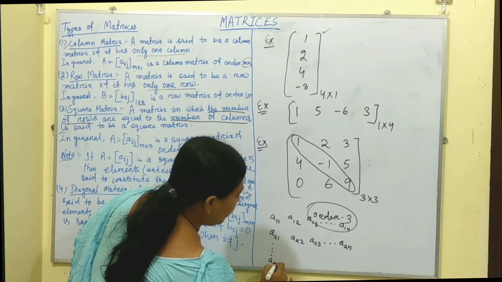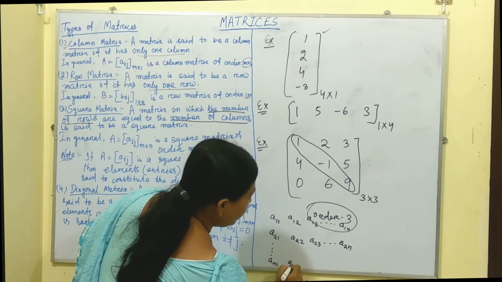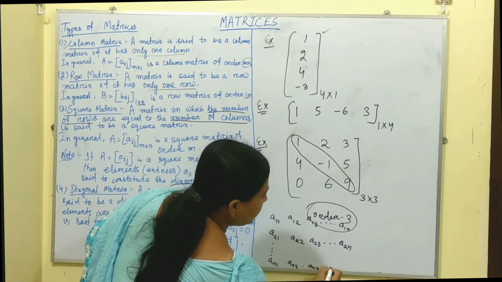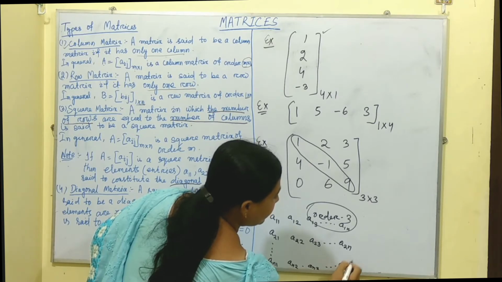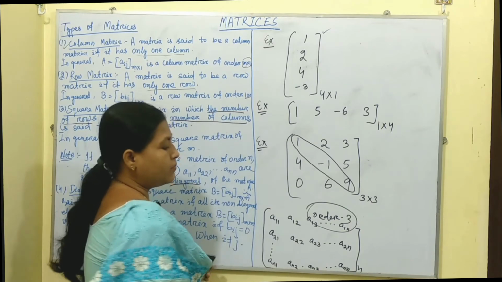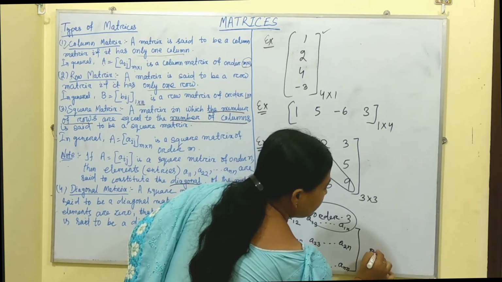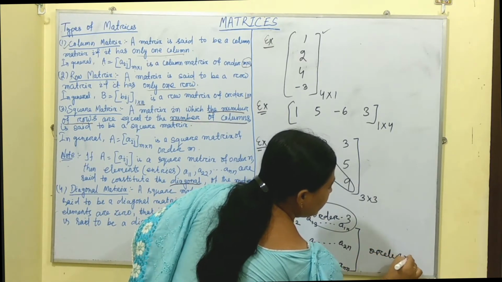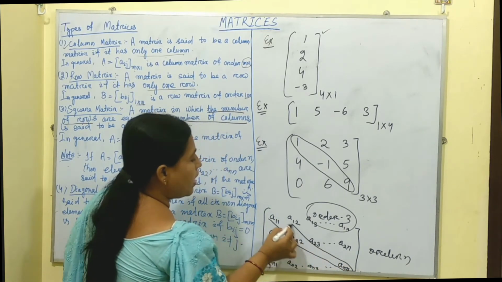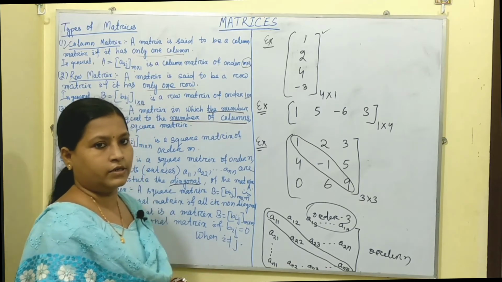So An1, An2, An3 up to Ann. So this is order n, and it is a square matrix, and A11, A22 up to Ann are called the diagonal elements.